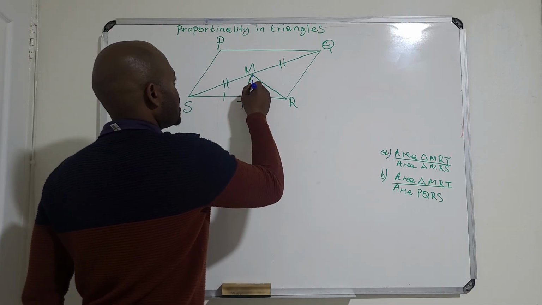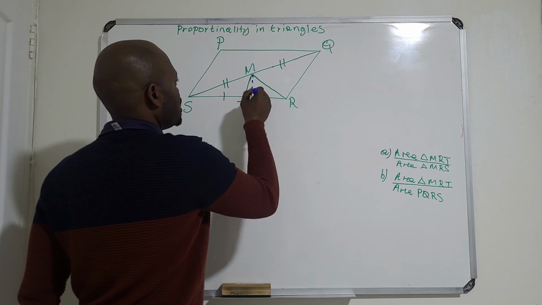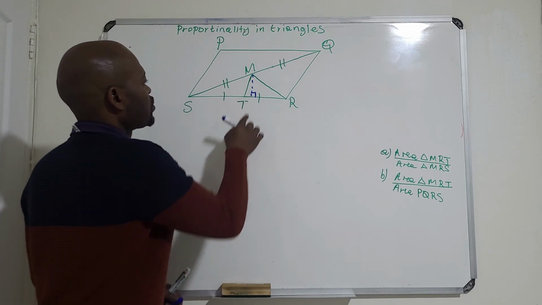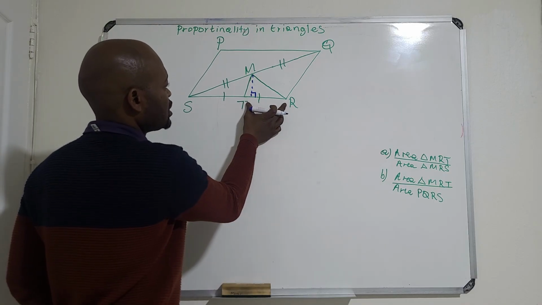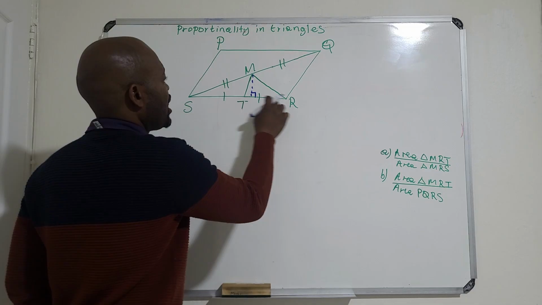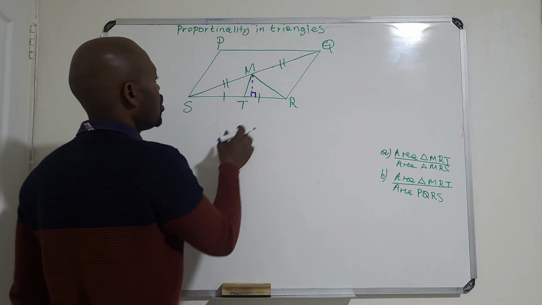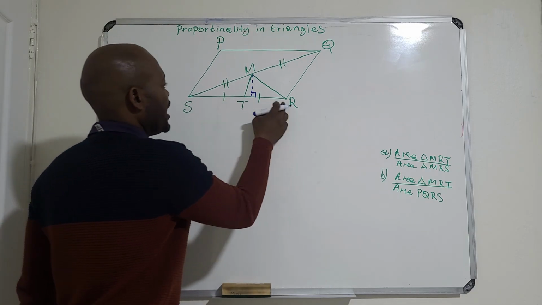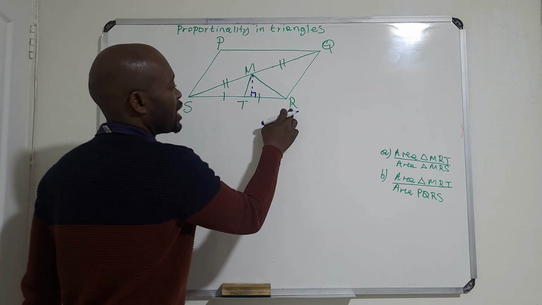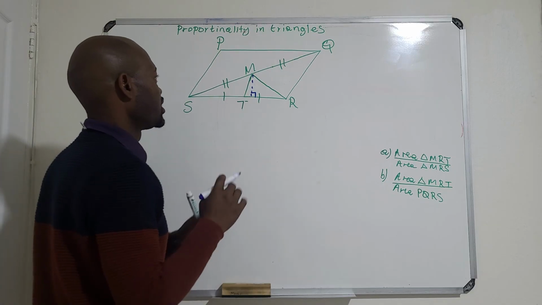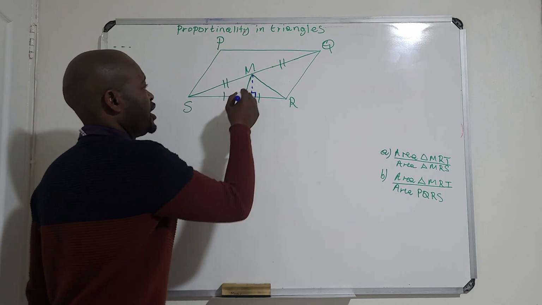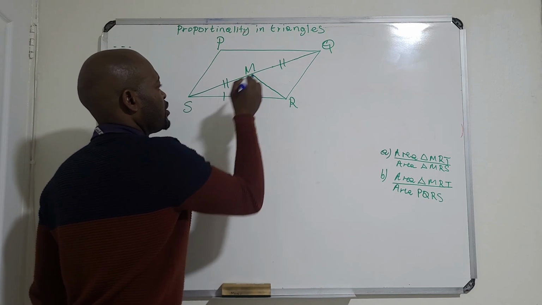There is a height which I've constructed, which is perpendicular to the base TR for MRT. Also, it is perpendicular to the base SR for triangle MRS. I'm not sure if there's some confusion there. If there is, we will try and explain that.